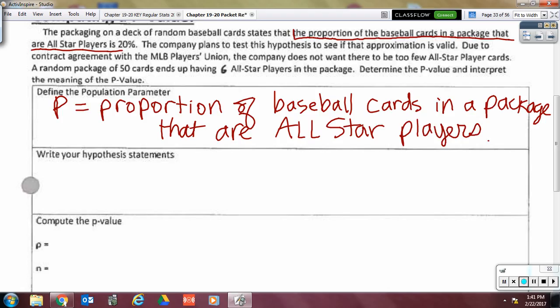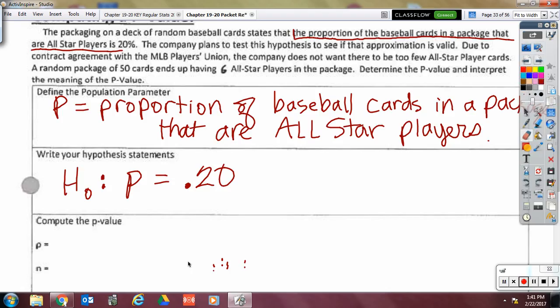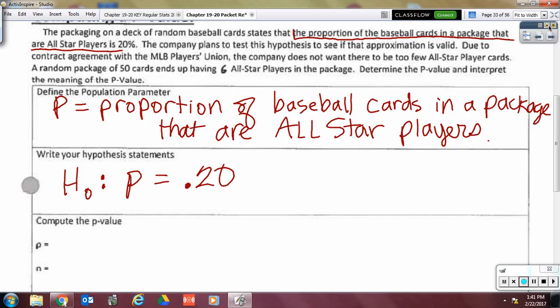What's our null hypothesis? H0: p equals 20%, so 0.20 or 0.2, however you like to do that. You can write 0.20, you can write 0.2, or you could write 20%. Those all mean the same. What's our alternative?